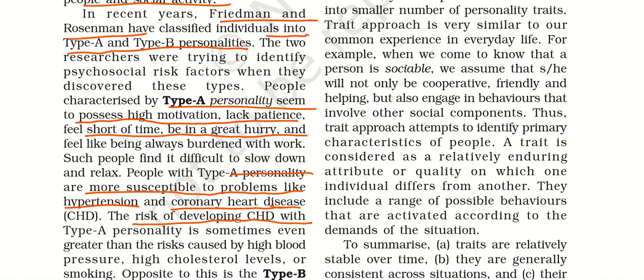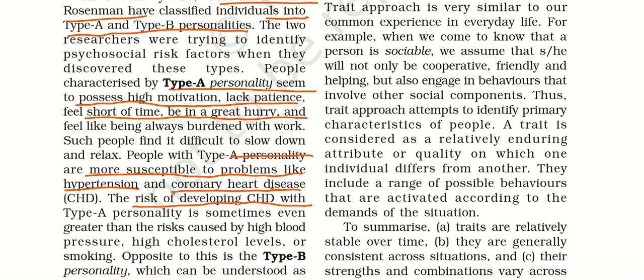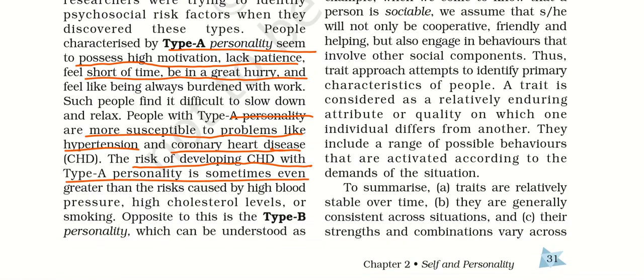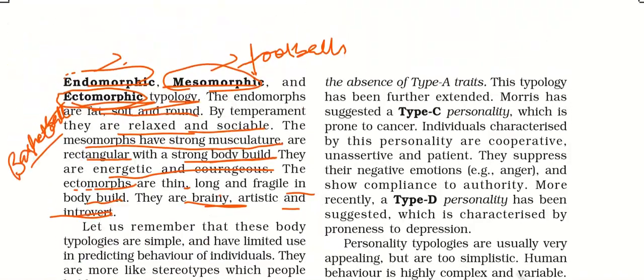The risk of developing CHD with type A personality is sometimes even greater than the risk caused by high blood pressure. Opposite to this is type B personality, which can be understood as the absence of type A traits.